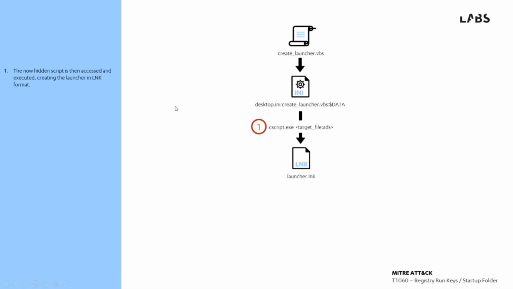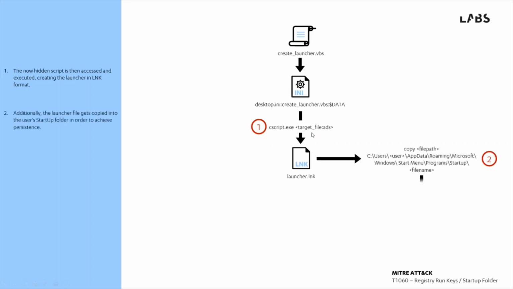Like before, the first step this script is going to do is get copied to the desktop ini data stream, get executed, and create the same launcher as before. But just after doing this, it's going to do a couple of other things.